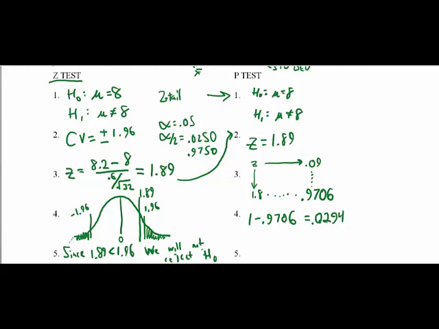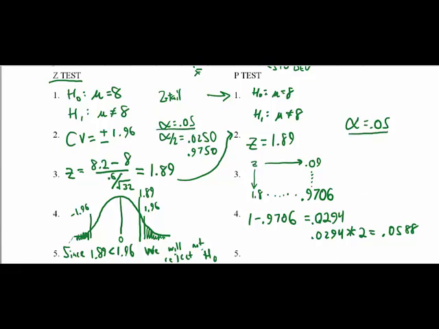Please remember that this is a two-tailed test, so that means I have to also double this number. And so because it's a two-tailed test, I will double this number, which means that I am now going to get something that's higher than my alpha. So 5.88% is higher than our alpha, and the alpha we're comparing this to is 5%. This is the same alpha over here as it is here.